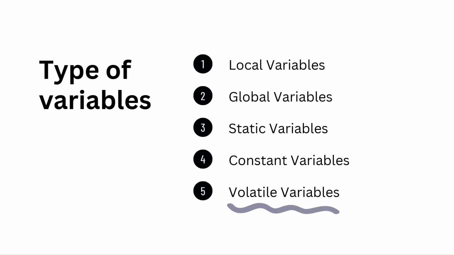And the last one is volatile variables. Volatile variables are declared by using the volatile keyword. It tells the compiler that the variable can be changed unexpectedly, often used in embedded or multi-threading code. Let's understand it using one example.